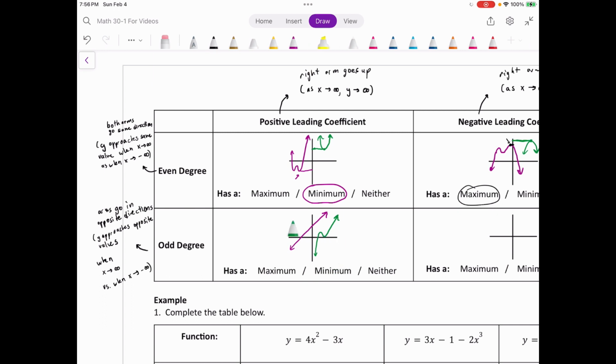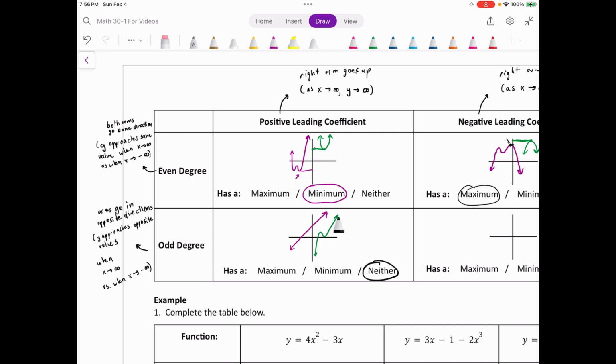Now, for these odd degree functions, okay, are they going to have a maximum, a minimum, or neither? Do they have a highest value that they never go above, a lowest value that they never go below? Or do they not really have a highest value or a lowest value? Yeah, they have neither, right? Look, this is going up forever.